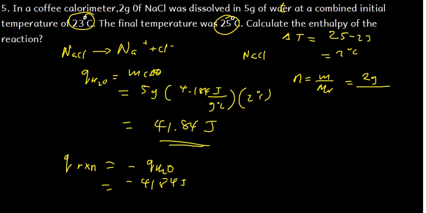So that is going to give us a molar mass of 58.44277 grams per mole. So that will give us the number of moles of 2 divided by that value, which will give us 0.0336 moles. Okay, so those are the number of moles which we have found.